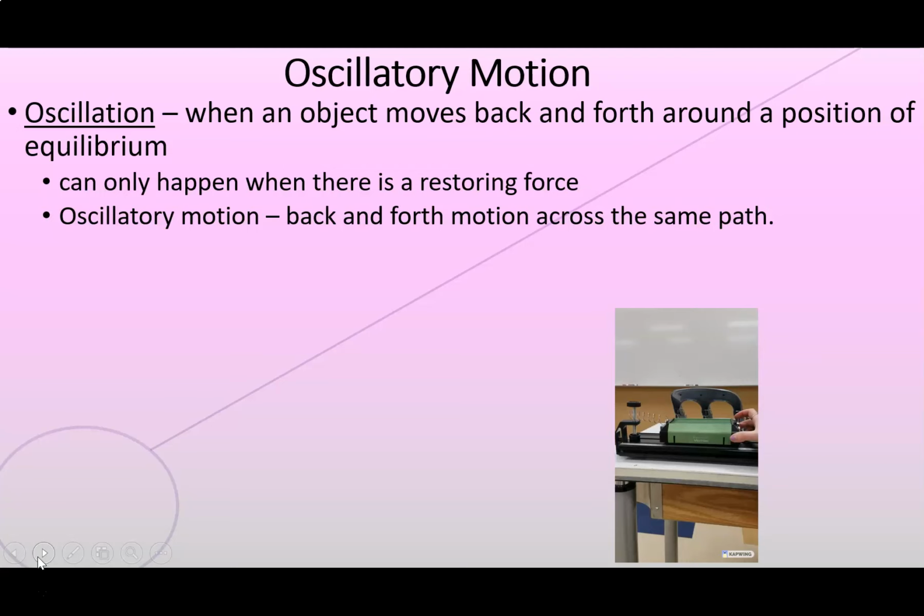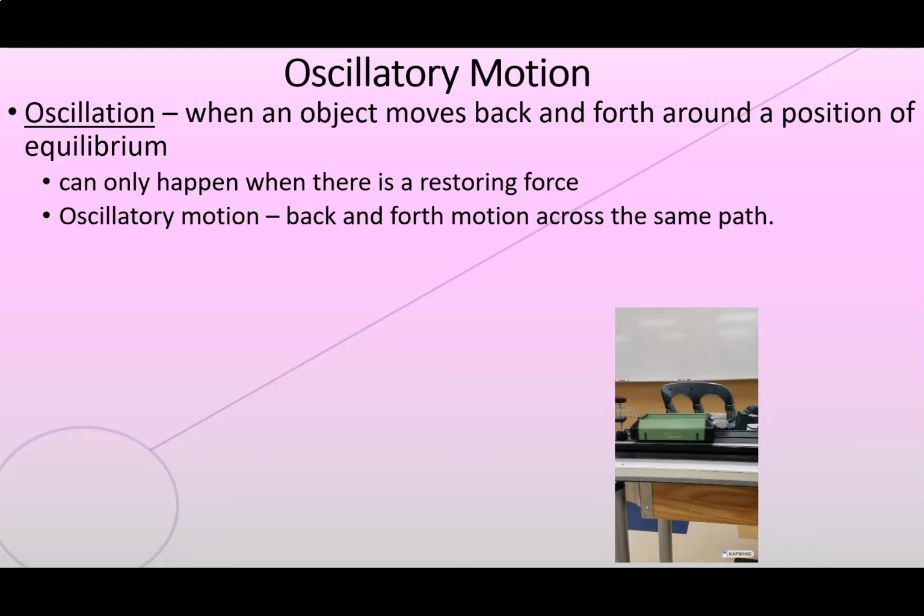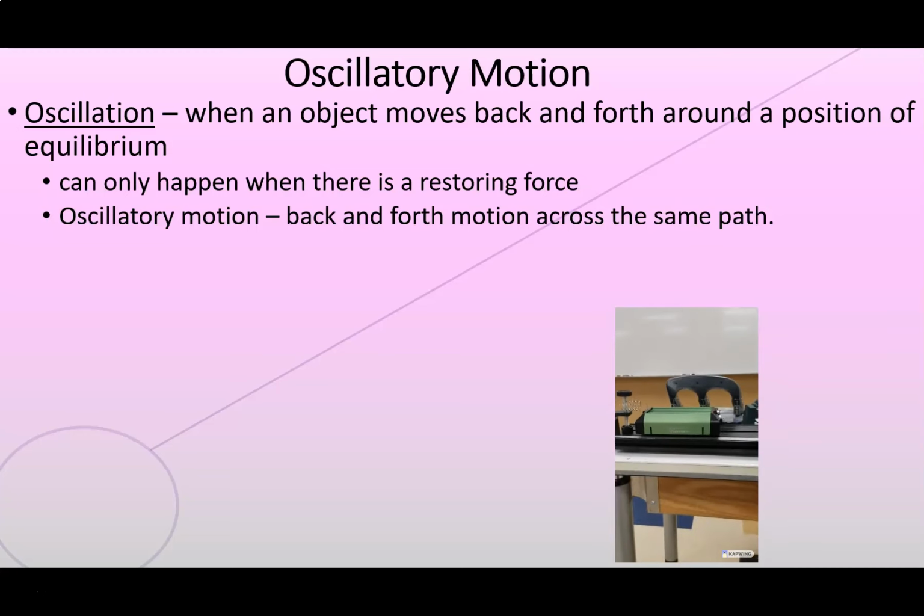There are lots of examples of oscillatory motion in everyday life. The most simple example is what I have in the background here. It's a pendulum. So a pendulum moves back and forth over the same path. And in this video here, and I've slowed it down so we can see it a little bit more clearly, it's a mass on a spring, so you can see that this cart is going back and forth across the same path.